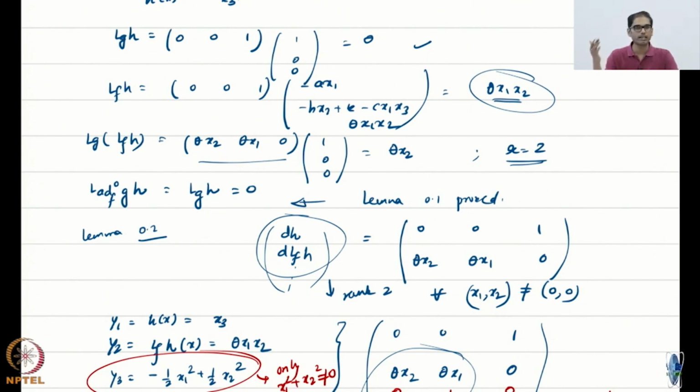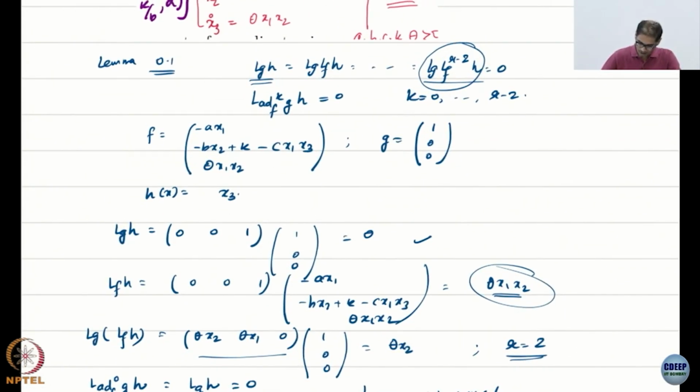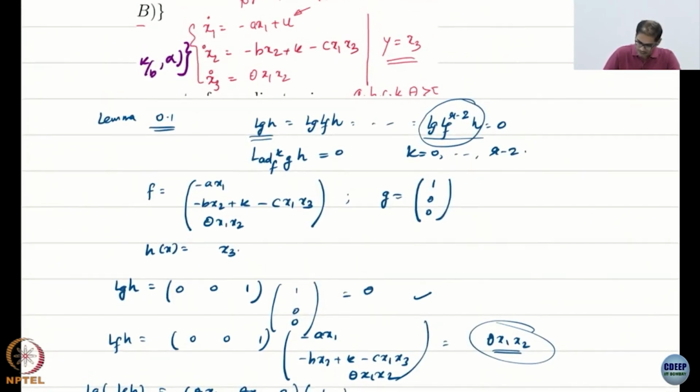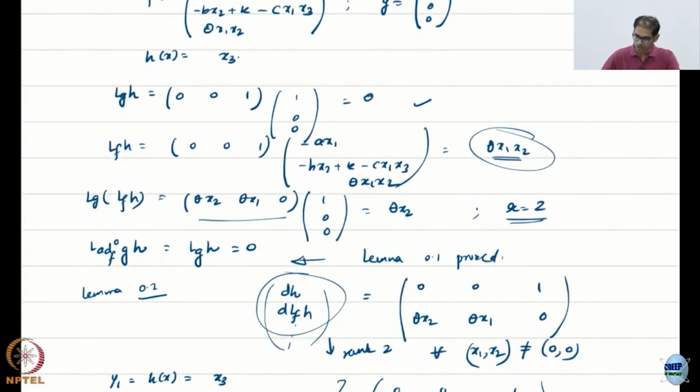Then we wanted to look at the rank of the lemma 0.2, which is basically saying that the H and LFH, which are our new coordinates. In this case H is basically your x3 and LFH is theta x1 x2. These are the two new coordinates, and we wanted to see if their Jacobian has maximal rank.